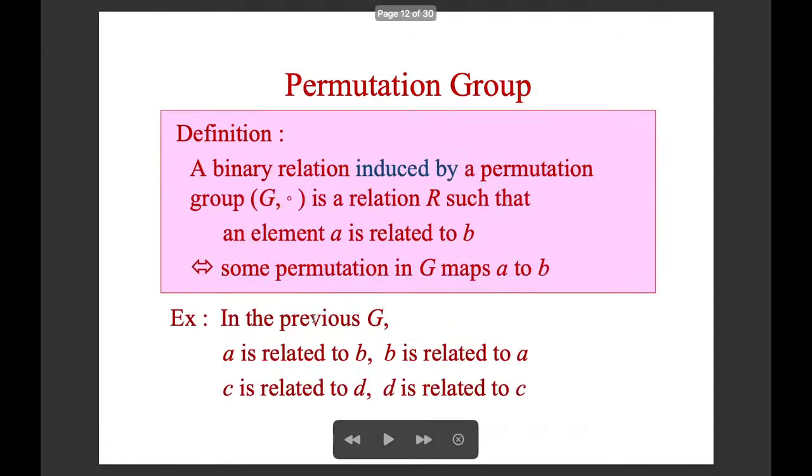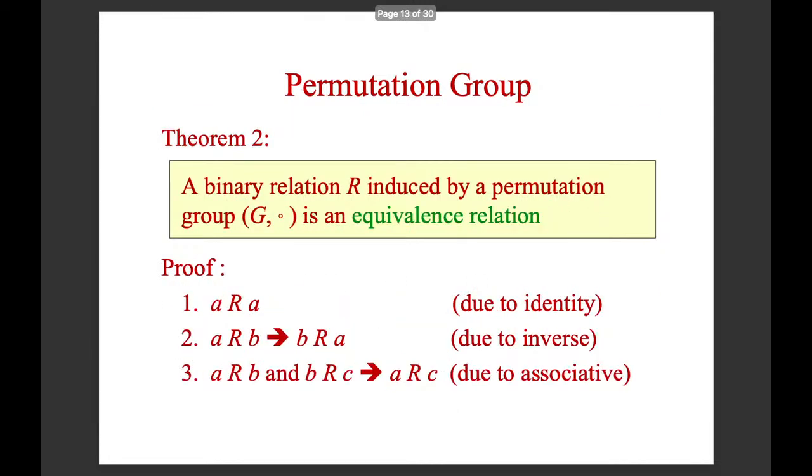Now the next one that we want to check is the symmetric property. Suppose that A is related to B. Is it always true that B is related to A? In our wording, we are saying that suppose some permutation maps A to B. Is there always a permutation that maps B to A?